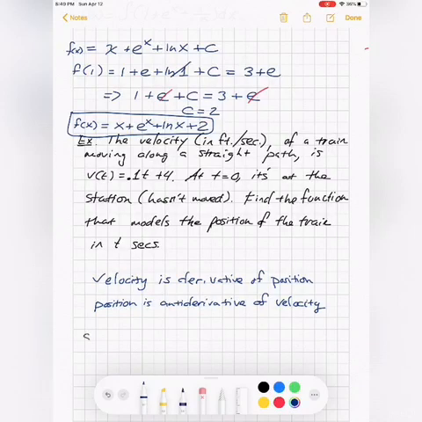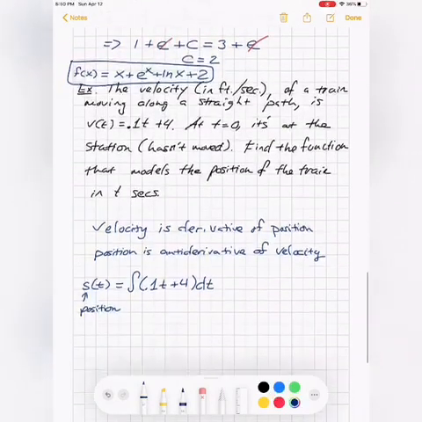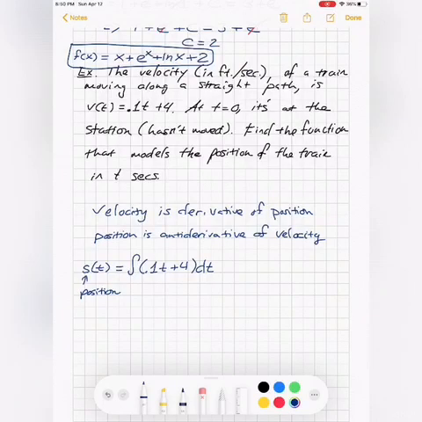Okay, so if I want the position function, we usually use the s for position. That would be the integral of velocity with respect to t. So let's start with that.